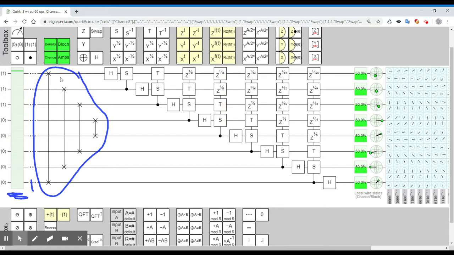And I'm guessing the swaps are there because what you probably want to do at a high level with the QFT is rotate the phases of each of your qubits based on how much weight they have in the overall number.